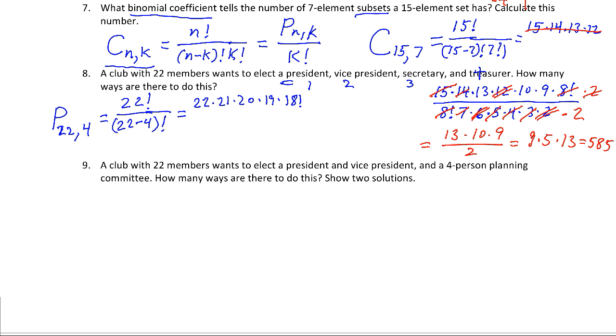Here I'm doing the same trick I did before, where I figure out that the denominator is 18 factorial, and so I take the 22 factorial, go from 22 down to 18, and then from then on down, I let them cancel here. And then this becomes, well, you can just calculate this one. I did remember to do this one, and this is 158,004. 158,004 is the answer to number 8 on this one.